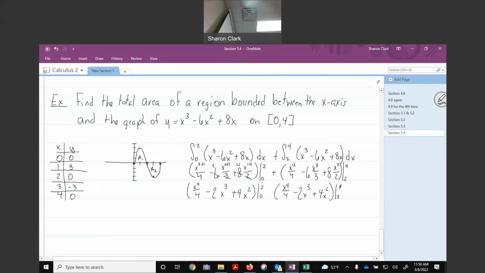Okay. And so now we just plug in the numbers. Do I really need to plug in 0? No, because it's all going to cancel out. So 2 to the 4th over 4 minus 2 times 2 cubed plus 4 times 2 squared.